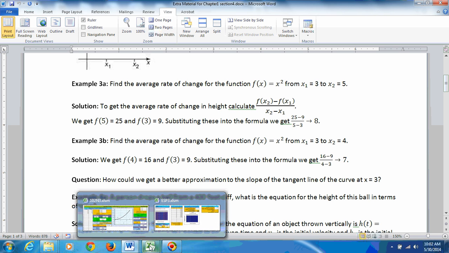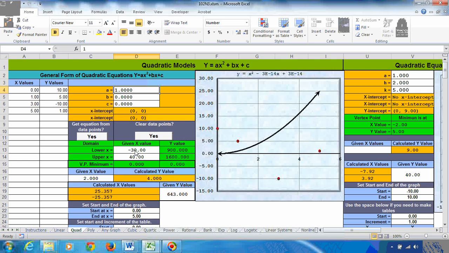So watch. All we need to do is put in 3 here and 5 here, and there's my x values, and here automatically are my calculated y values. And then just in any cell you're not using, we could calculate. I'm going to do equals, parentheses, take my y values and subtract them.